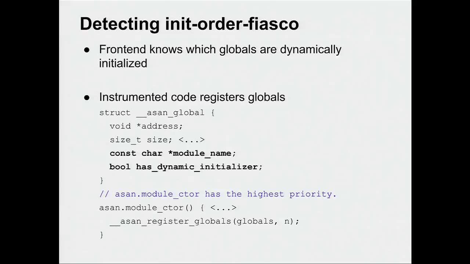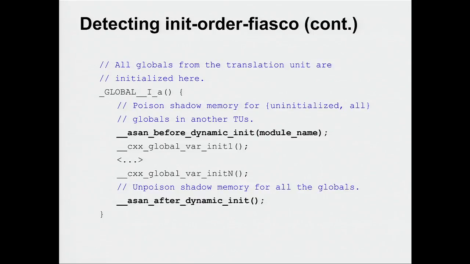So that is, we register all the globals before running any initializers in the user program. And then we actually inject 2 more function calls into the ASan runtime when we're doing an initialization.